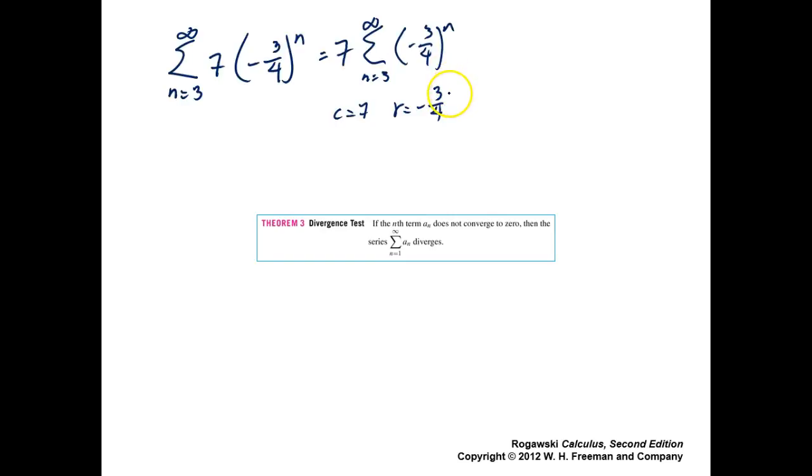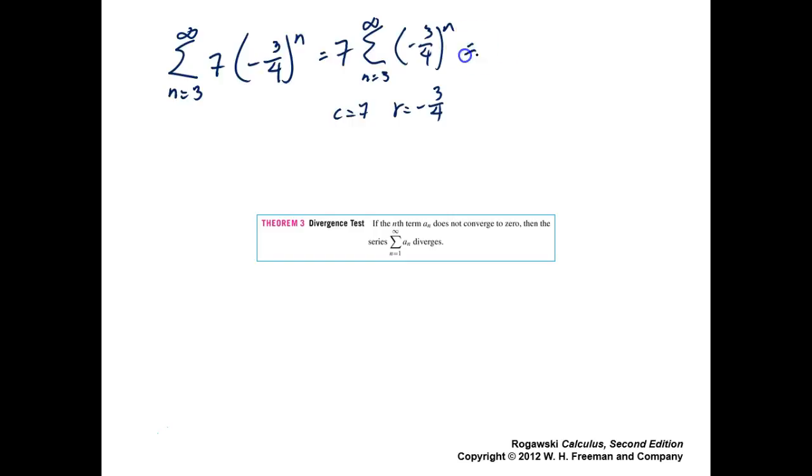And the absolute value of that is certainly less than 1. But this is starting at n equal to 3, so we have that extra term r to the m, and our m is now 3.